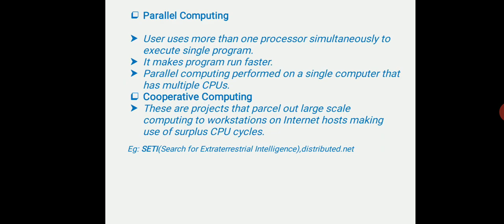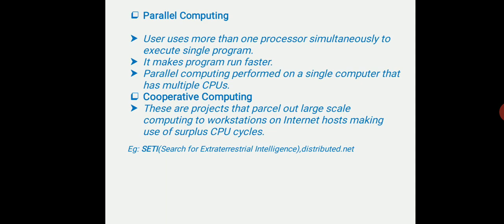So there is another form of computing, that is cooperative computing. So what is this cooperative computing? These are projects that parcel out large scale computing to workstations on internet hosts, making use of surplus CPU cycles.